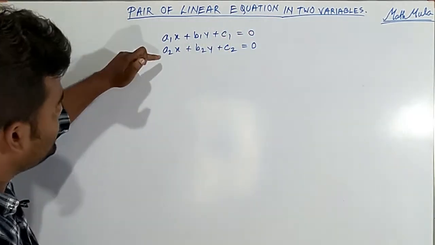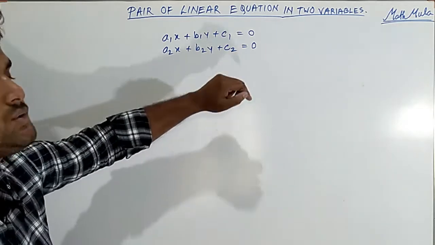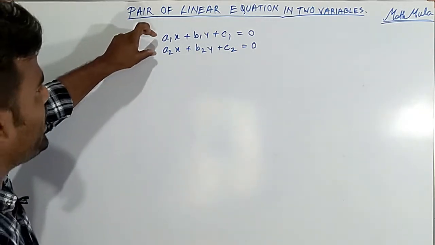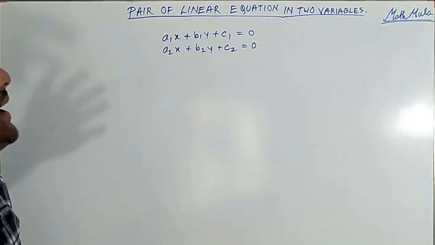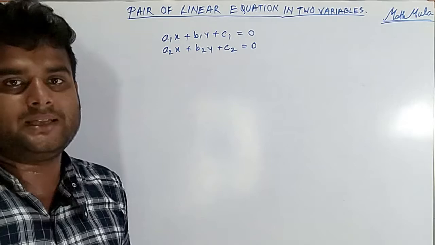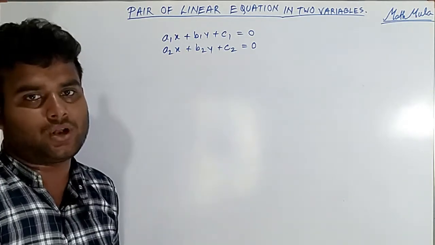And there is another equation, that is a2x plus b2y plus c2 equals 0. That means there is one pair of linear equations in two variables, so this is called a pair of linear equations in two variables. Since there are two equations, there must be a solution.